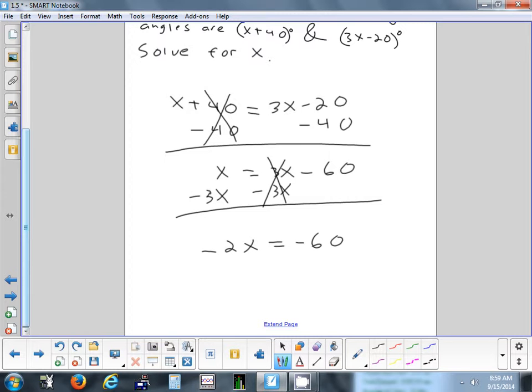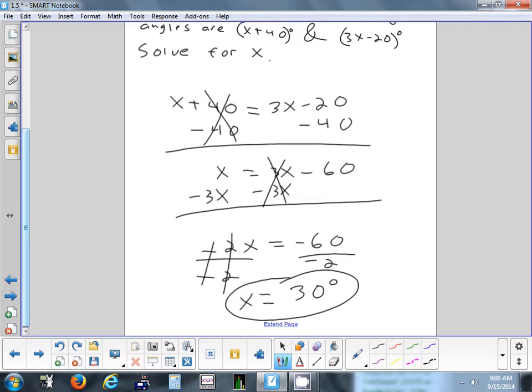And how about Denver? What would be my last step to get x alone? Perfect. Divide by negative 2. So in this case, Eric, x comes out to 30. And we'll put our degree symbol.